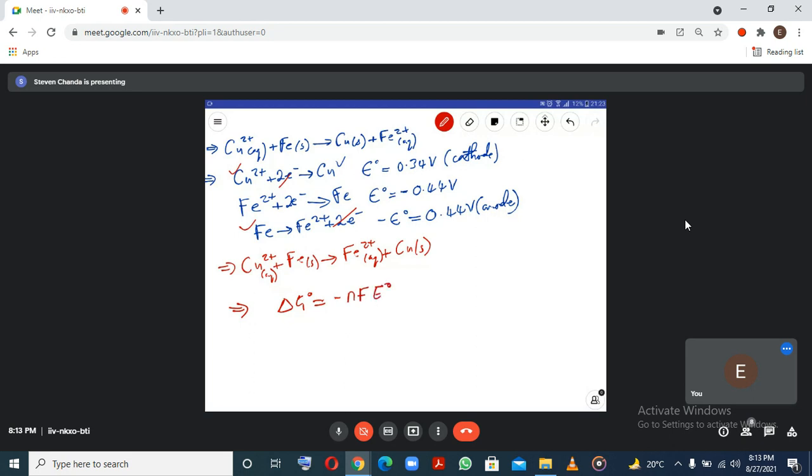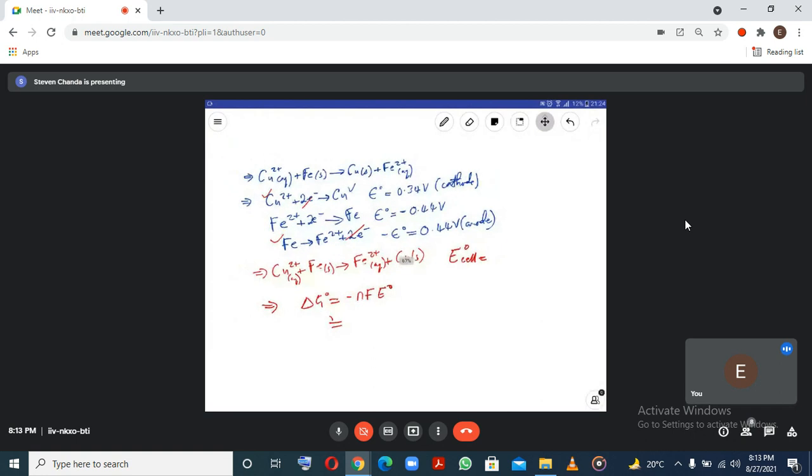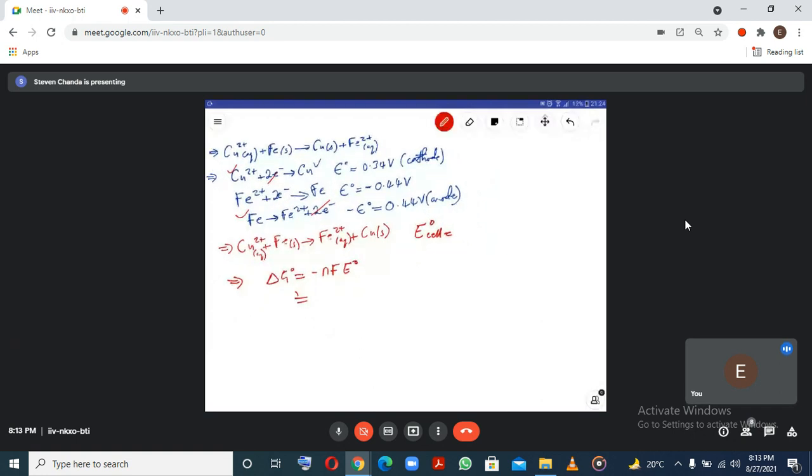Okay, so we haven't calculated the E cell. So the E cell is going to be, what we do is we say the cathode, and the anode.